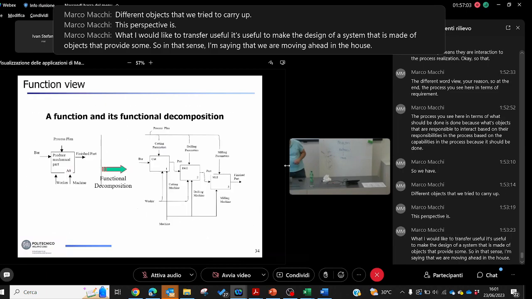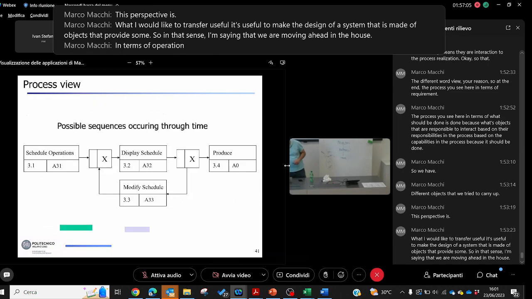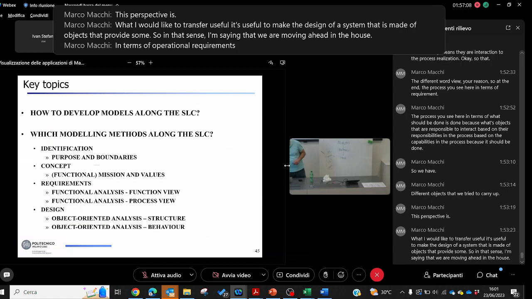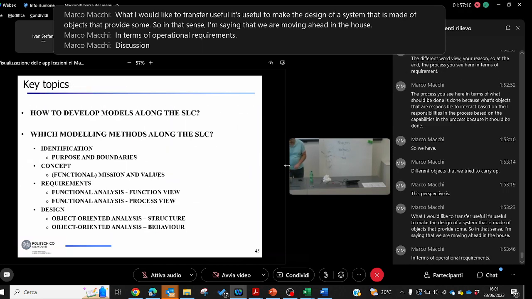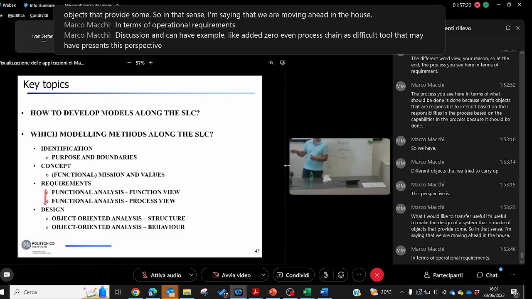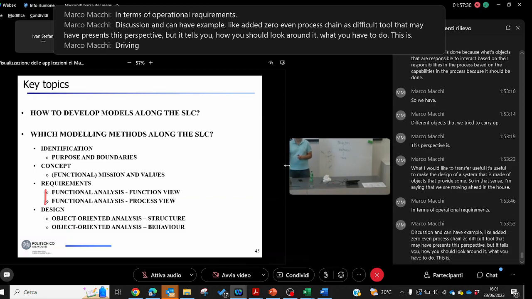How in terms of operational requirements was discussed, and we can have examples like IDEF0 and event process chain as typical tools that may represent this perspective. But it tells you how you should operate, what you have to do. This is a driving concept to select the objects and allocate to the objects what they should do. That's the design, no?